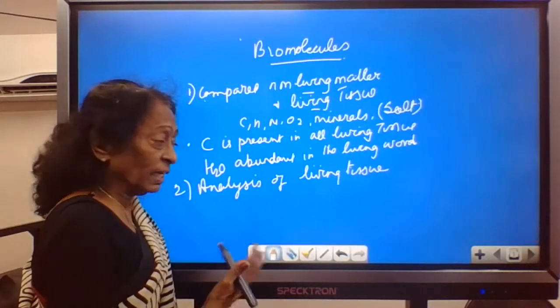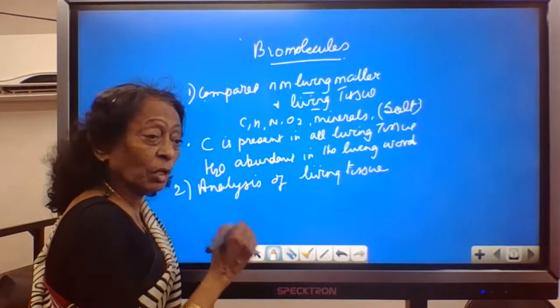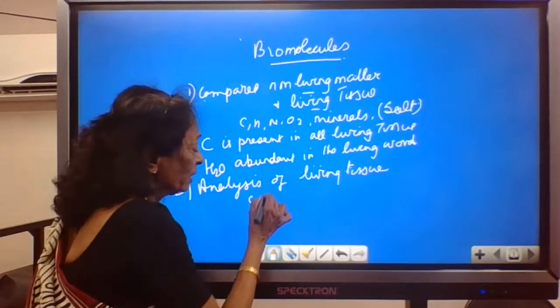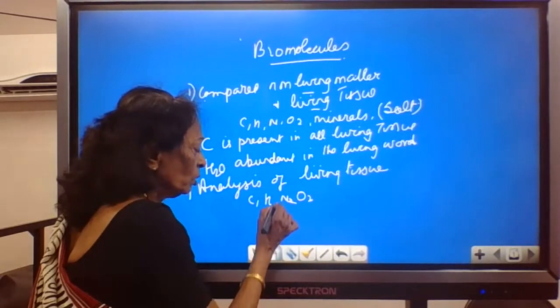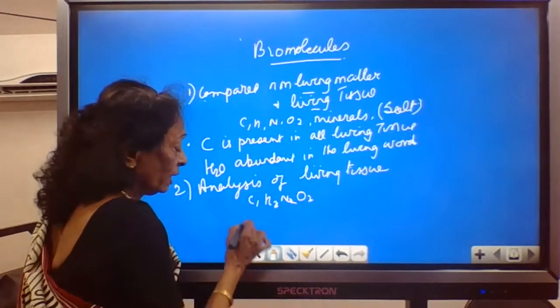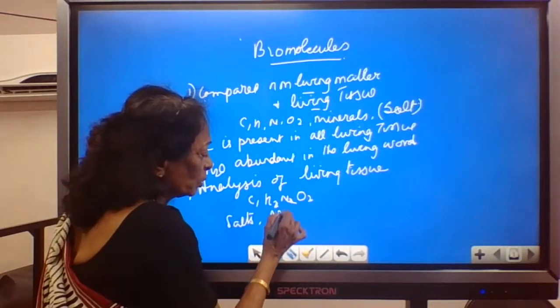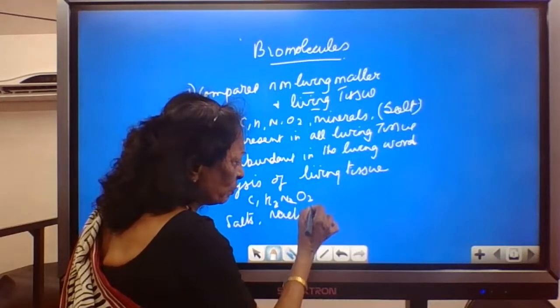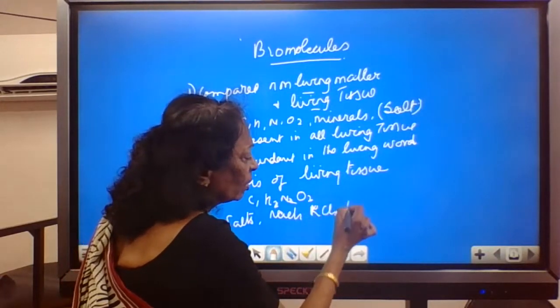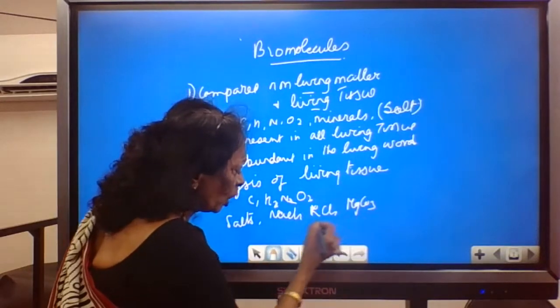When they analyzed, they found many substances at the molecular or elemental stage, particularly carbon, hydrogen, nitrogen, oxygen, N2, hydrogen and oxygen, and a number of salts. Salts in the form of sodium chloride, potassium chloride, KCl, or magnesium carbonate, MgCO. So they found a number of salts apart from that.